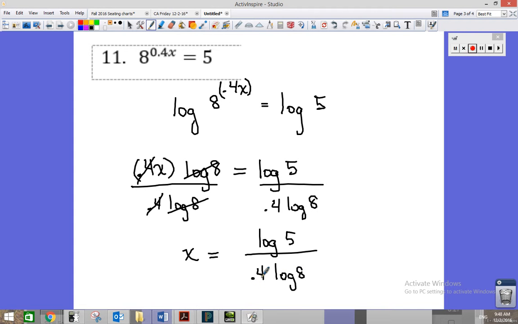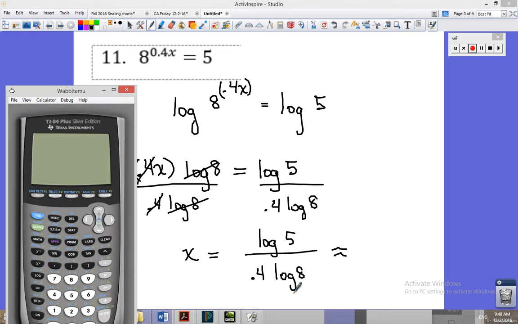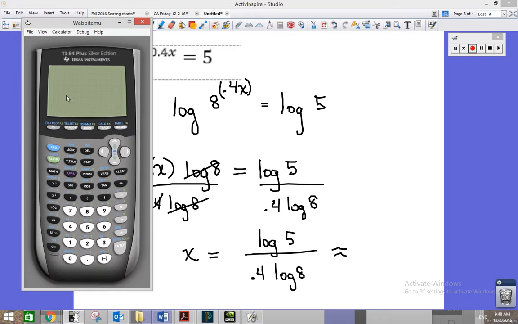And it's not going to gain me anything to take that 0.4 and raise it up as an exponent. I don't see any true benefit of doing that off the top of my head. So I'm going to leave that as my exact answer, and for my decimal approximation, I can jump into a scientific calculator, take the log of 5, close that parenthesis.